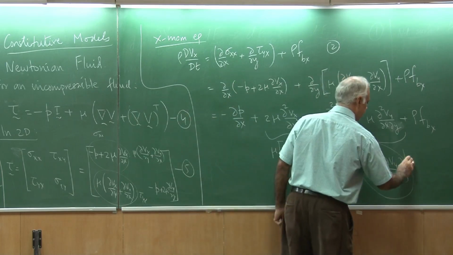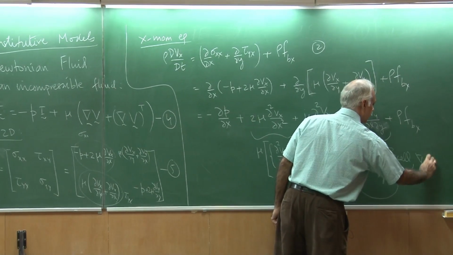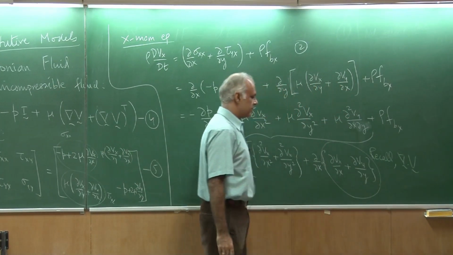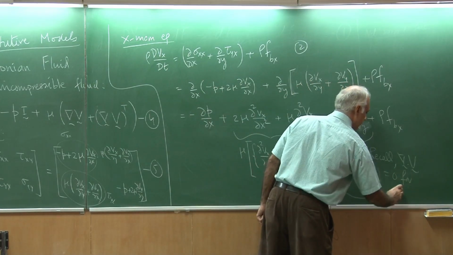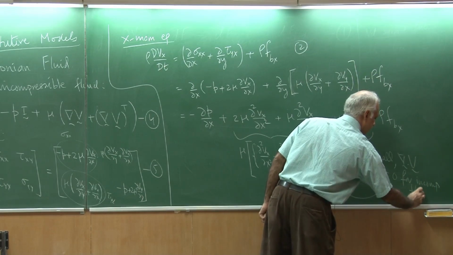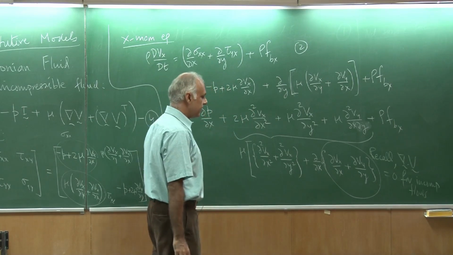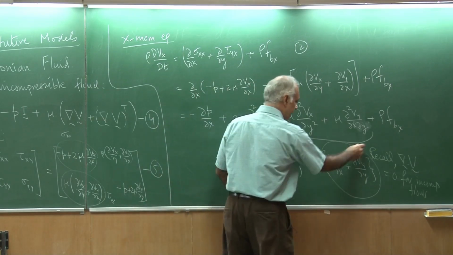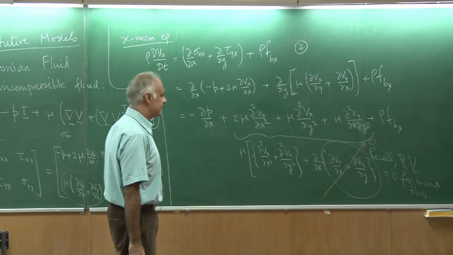Recall, this is divergence of V, and this is 0 for incompressible flows. This is my continuity equation. So therefore, this term actually vanishes. Okay?